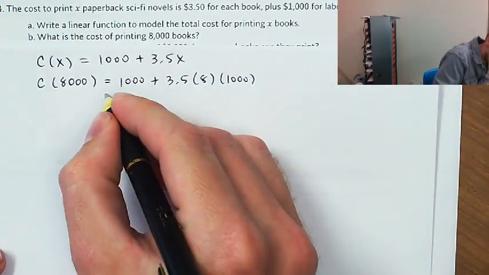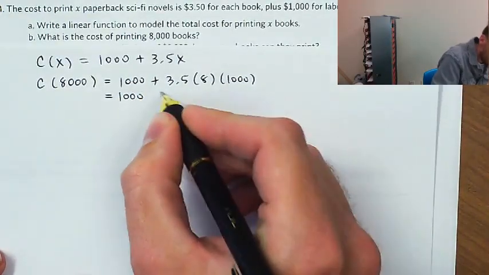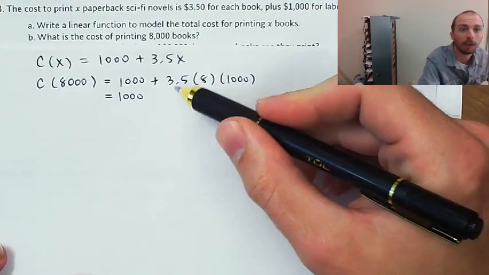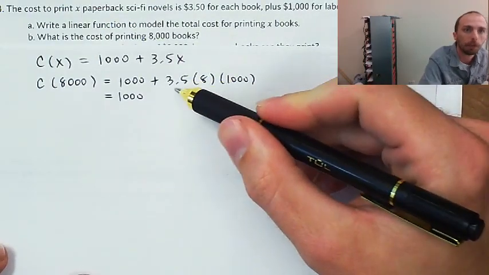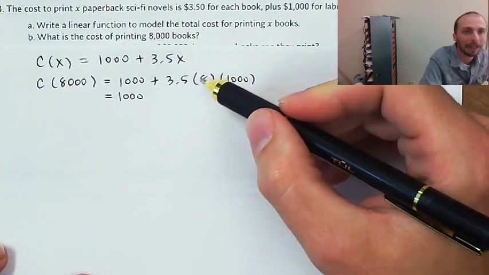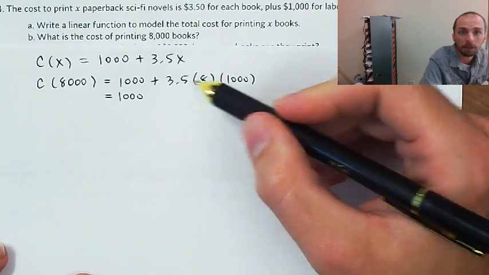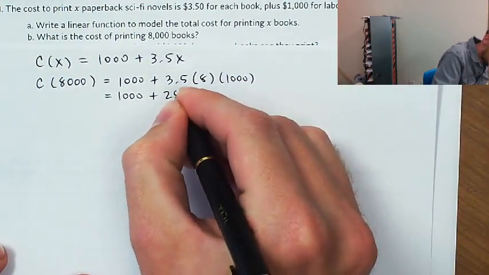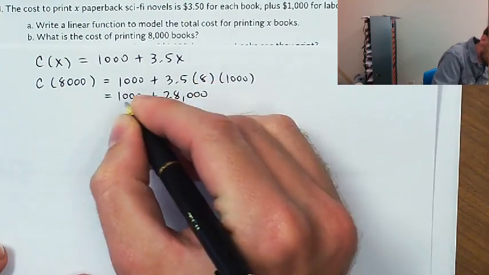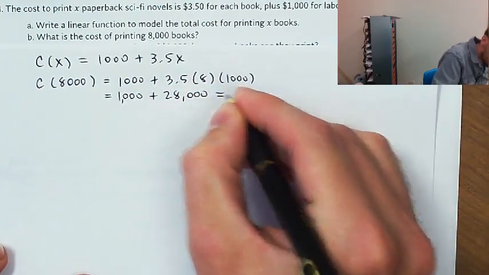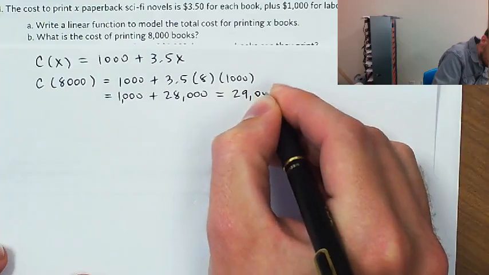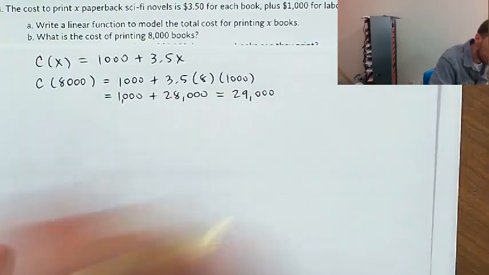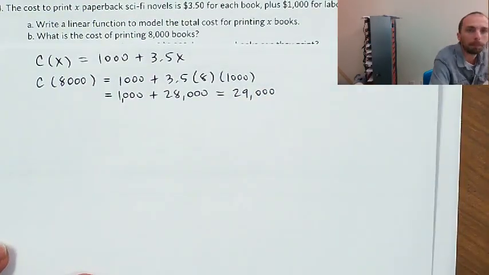Okay, that's 1,000. 3.5 times 8, I don't know 3.5 times 8, but I know 3.5 times 2. 3.5 times 2 is 7. I'd have 4 remaining, so I'd multiply 7 by 4 and get 28. And then 1,000, that's 28,000. So 28,000 plus another 1,000 is going to be $29,000.